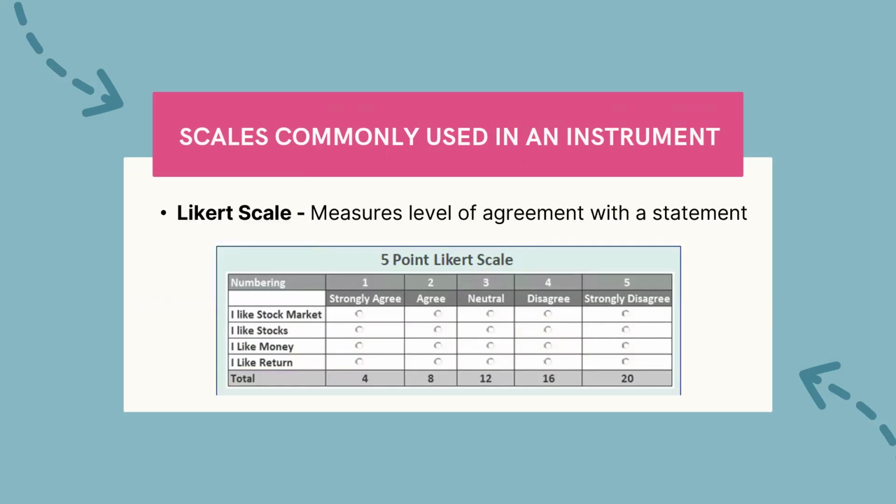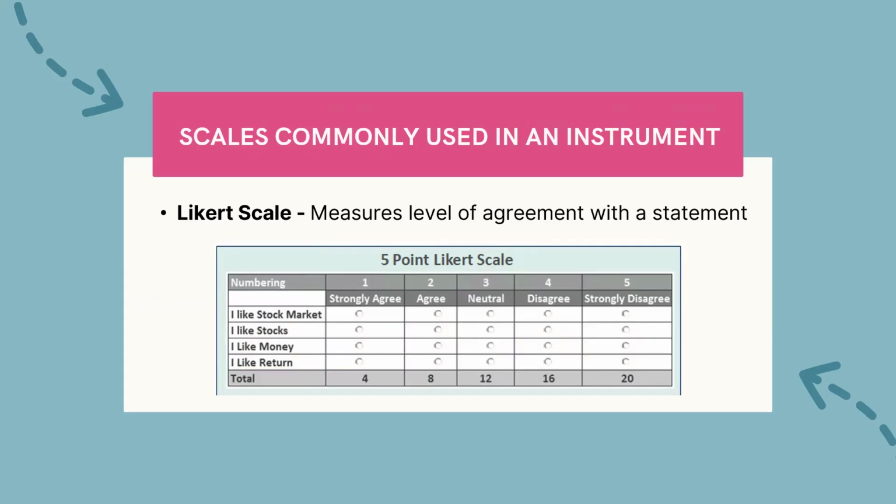And to continue, let's proceed to some examples of questionnaires, especially in the form of Likert scale. I think most of you use this. It measures the level of agreement with a statement. As you can see here, this is a 5-point Likert scale, where 1 means strongly agree, 2 agree, 3 neutral, 4 disagree, and 5 strongly disagree.